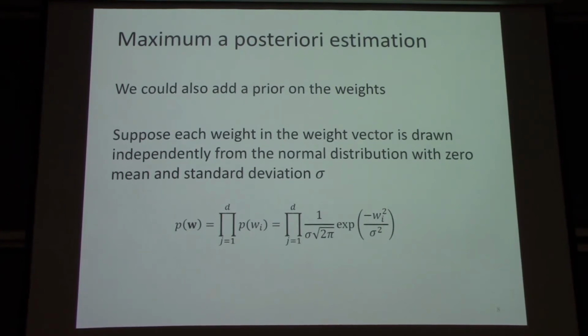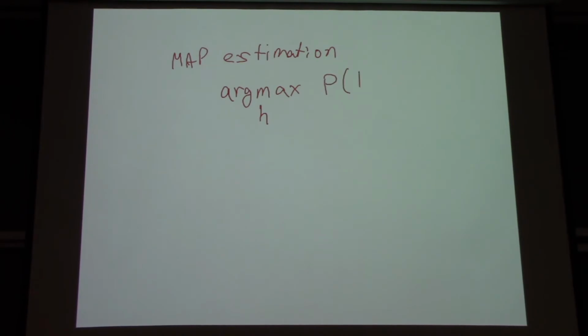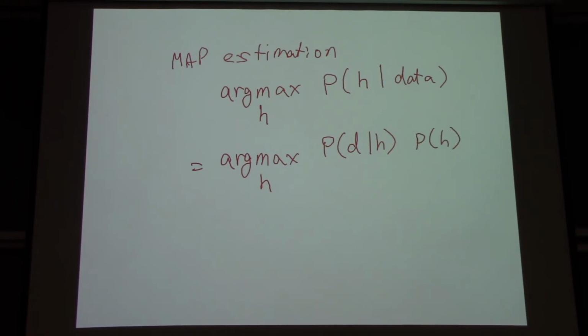We could also have done maximum a posteriori estimation. Just to remind you, the goal of maximum a posteriori estimation is to find the hypothesis H that maximizes the probability of the hypothesis given the data, which is exactly the same as maximizing the probability of data given the hypothesis times the probability of the hypothesis.